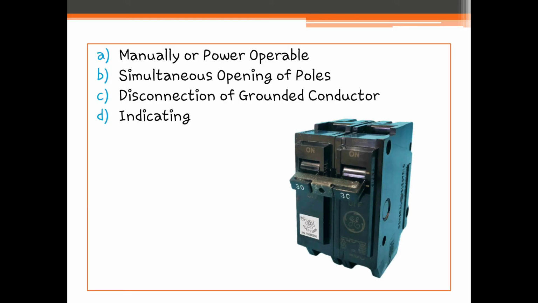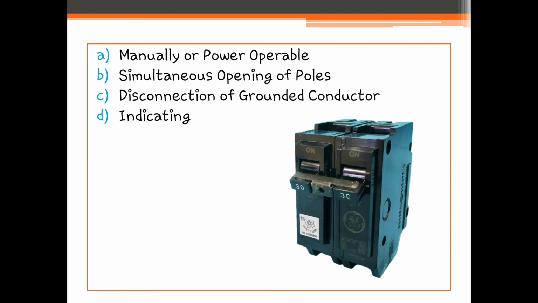A is manually or power operable. The disconnecting means shall consist of either a manually operable switch or kanina circuit breaker. Example ani circuit breaker. Dili ni siya basurahan guys ha, circuit breaker.